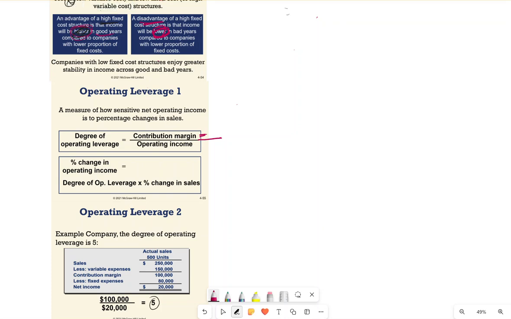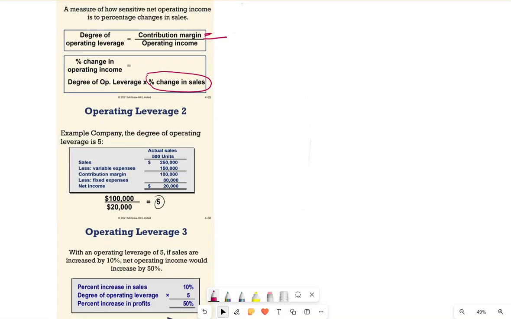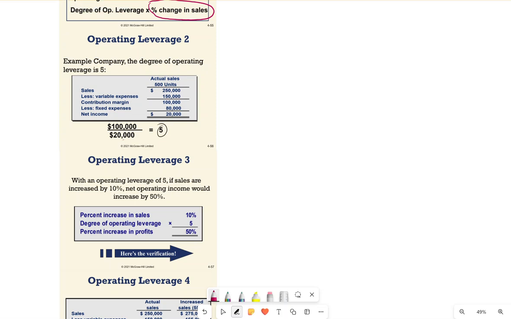Once you calculate the degree of leverage, you multiply it by the change in sales. That's how you calculate your degree of leverage.